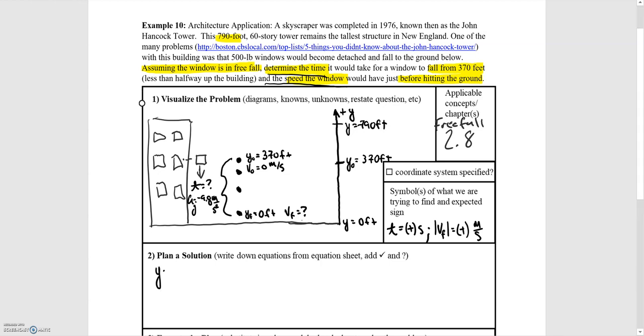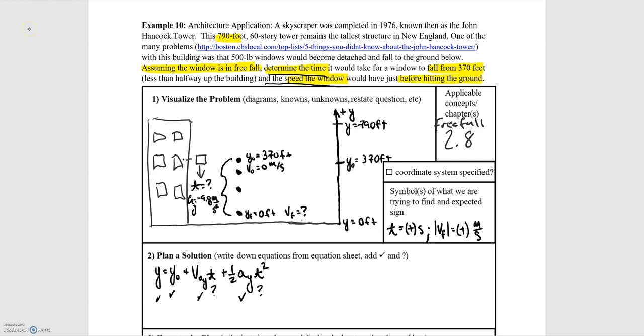So that is y is equal to y naught plus v naught y multiplied by time plus 1/2 the acceleration in the y direction multiplied by the time squared. So we know the final and initial positions. We know the initial velocity. We're solving for time. We know the acceleration in the y direction. And again, we're looking for time. So we have one equation and one unknown in that equation, so we can solve for time.